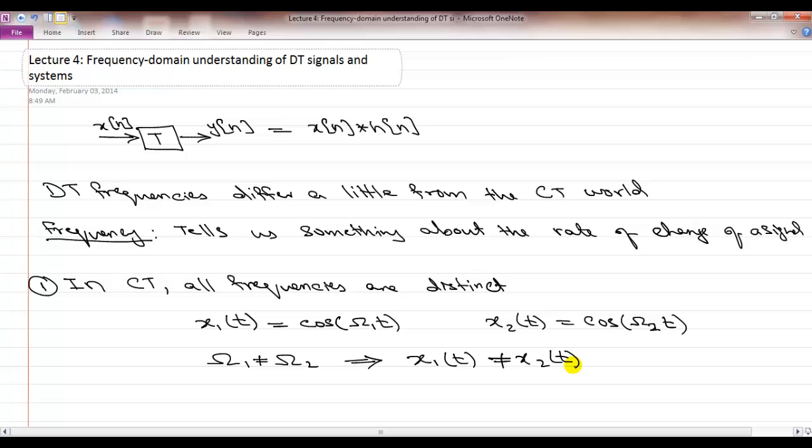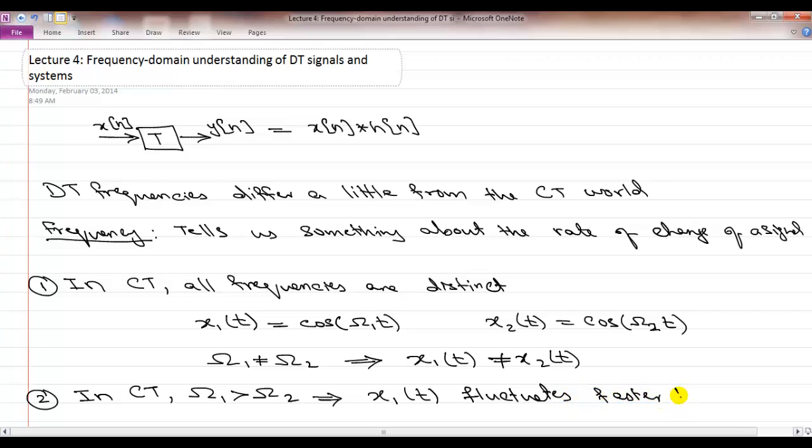That's one key property which we'll see is not true in discrete time. The other property is that in continuous time, if omega 1 is bigger than omega 2, then this means that x1(t) fluctuates or changes faster than x2(t).